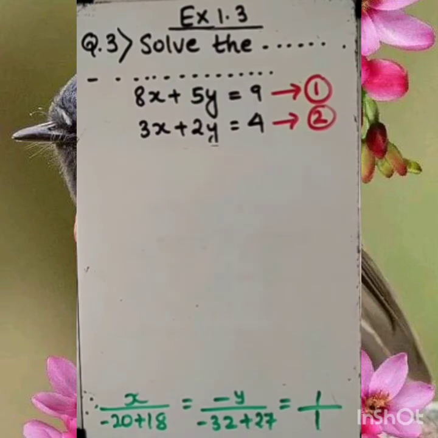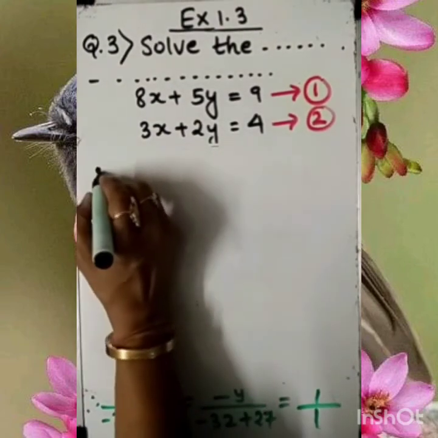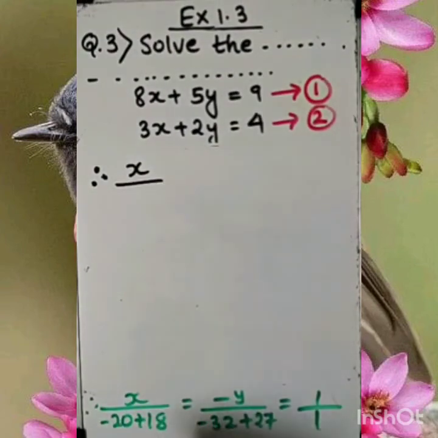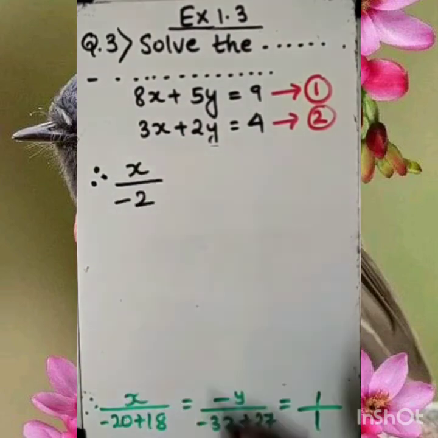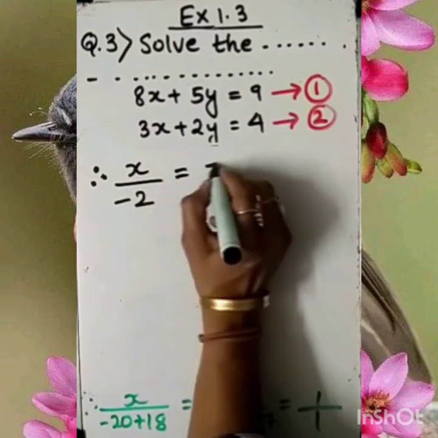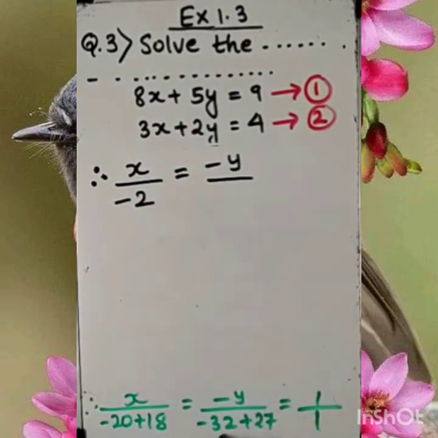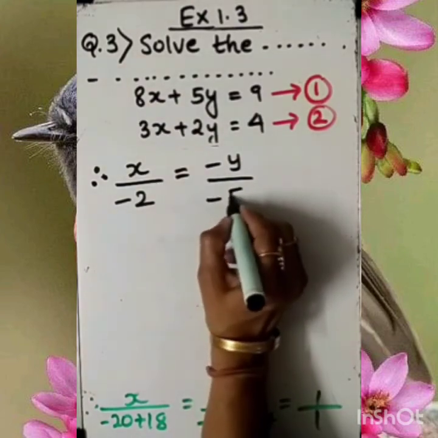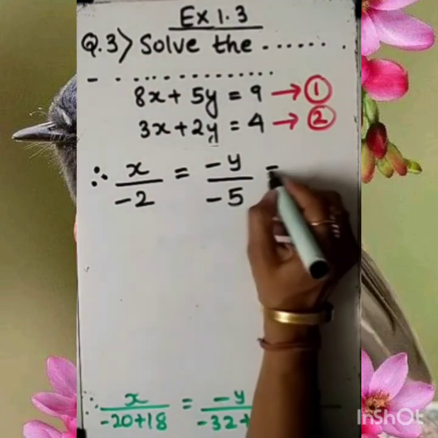So the next step will be x upon minus 20 plus 18, which gives the result minus 2, equal to minus y upon minus 32 plus 27 is minus 5, equal to 1.